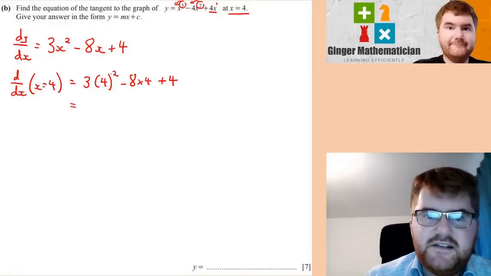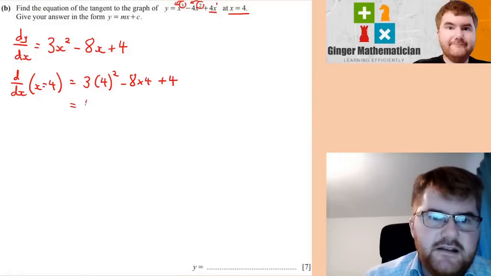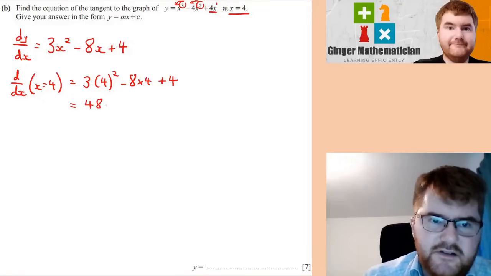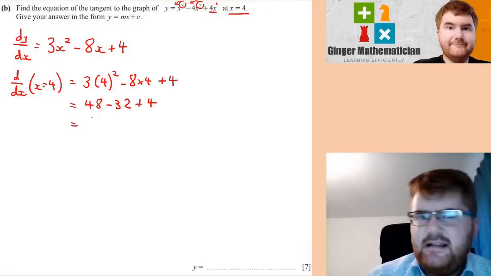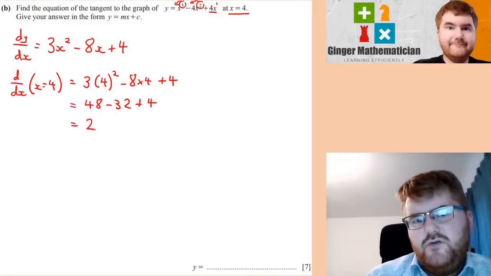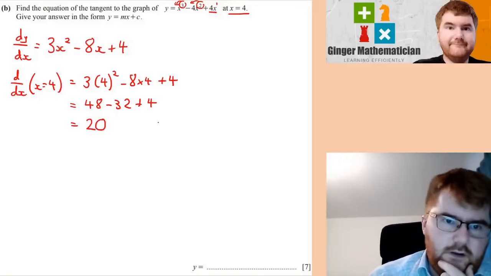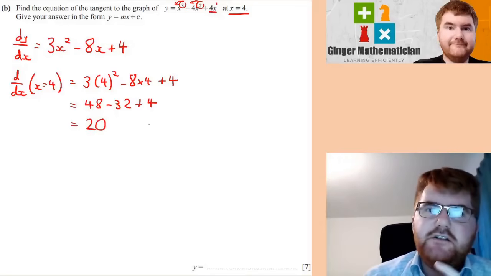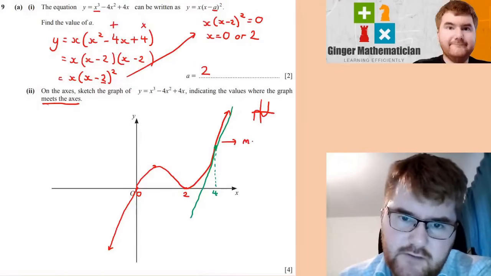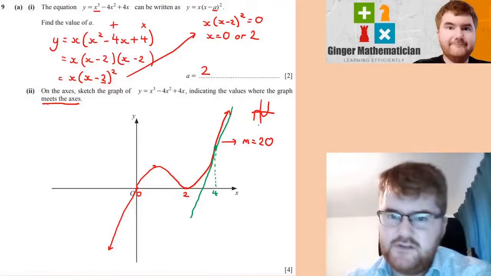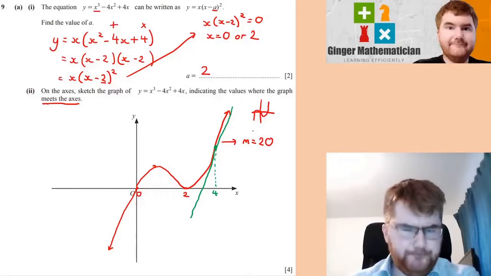Well, 4 squared is 16. 16 times 3 is 48. 8 times 4 is 32. Plus 4. And that simplifies to 20. Okay, so the gradient of that green line that I drew over here, let me just mark this in. The gradient of this line is equal to 20. So we've got that information.